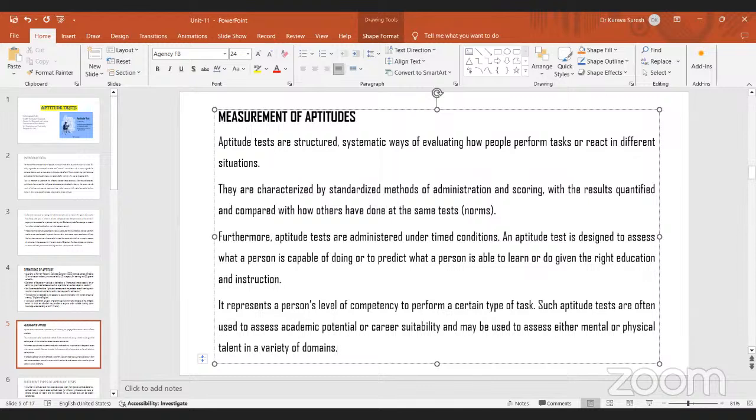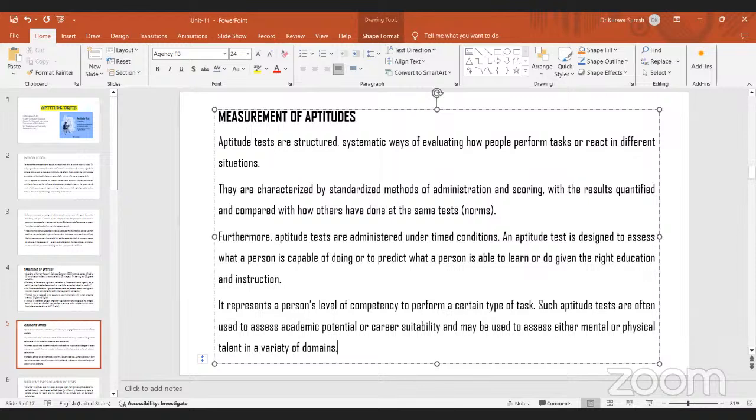Furthermore, aptitude tests are administered under timed conditions. An aptitude test is designed to assess what a person is capable of doing, or to predict what a person is able to learn given the right education in an institute.